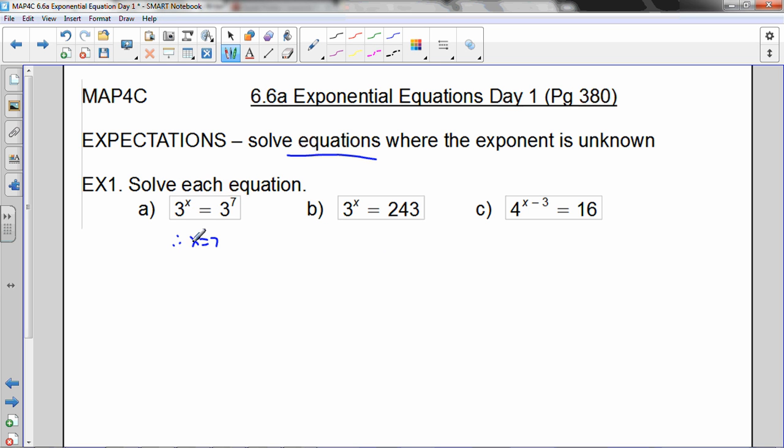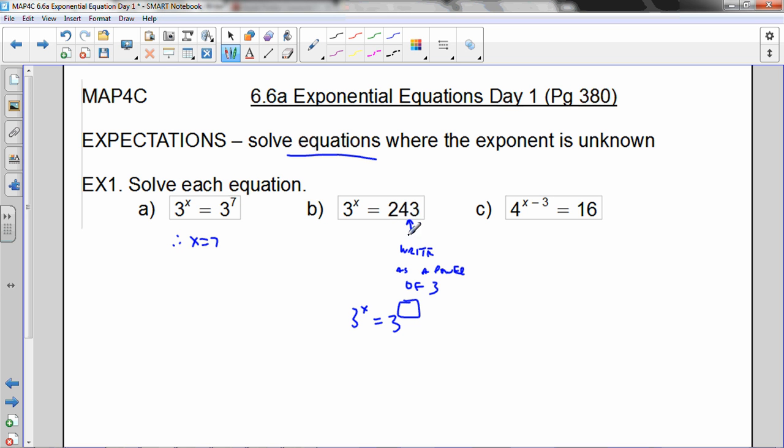And thinking of this as an easy question, well, how do we solve this? We need this to be a power of 3. And that's the whole strategy, to write both of these as a power with the same base. So this becomes 3 to the exponent x equals 3 to the exponent something.